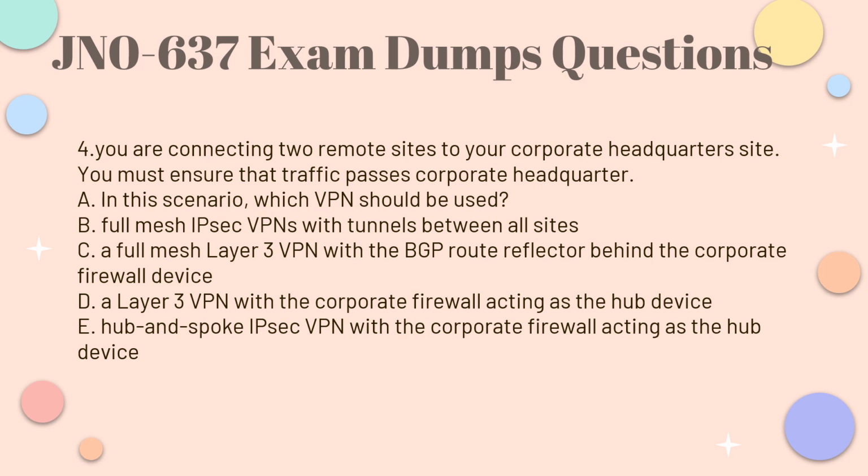B. A full mesh Layer 3 VPN with the BGP route reflector behind the corporate firewall device. C. A Layer 3 VPN with the corporate firewall acting as the hub device. D. Hub and spoke IPsec VPN with the corporate firewall acting as the hub device.